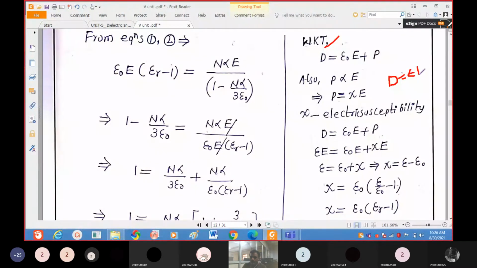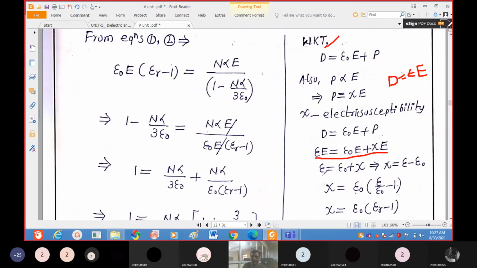Substitute this value in this equation, so instead of D we are substituting epsilon E. Now E is common on both sides, that's why we can cancel the E on both sides.